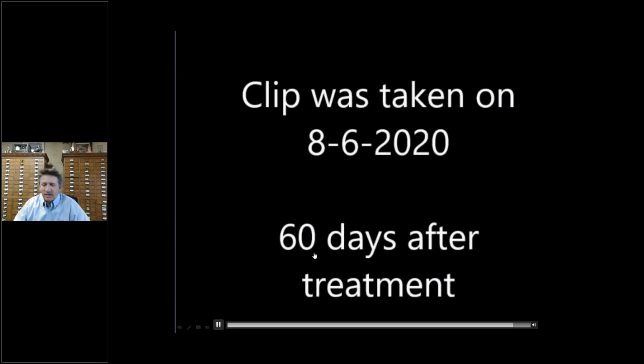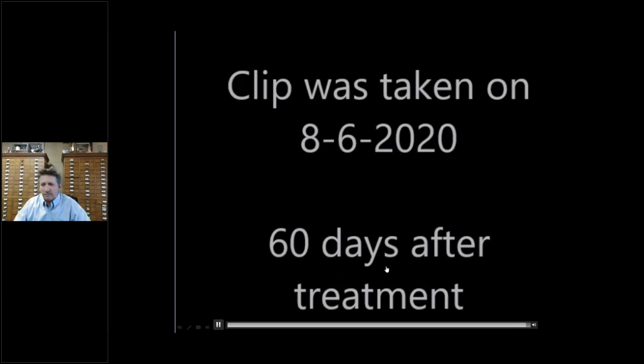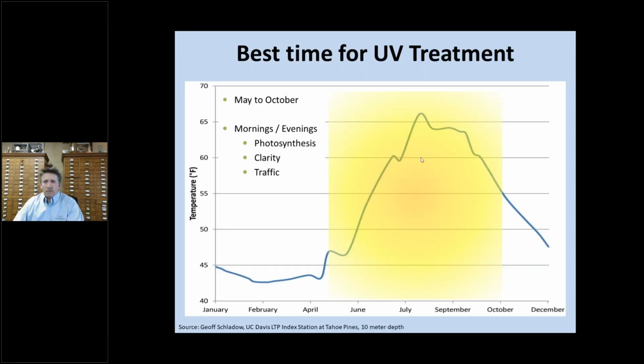So it just gives you an idea of about 60 days after treatment. And we just brought the boat back about a week ago to do another round of UV treatment at the Keys. So we're talking a little bit about when's the best time to treat.